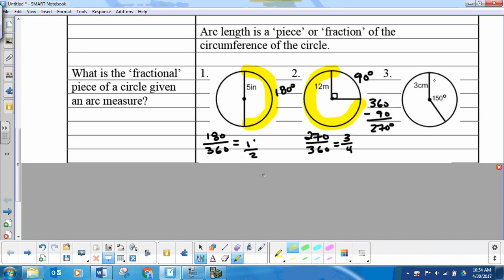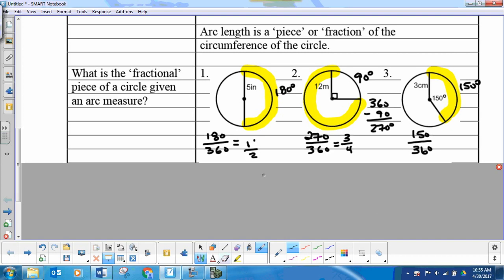Finally, I have this circle. I've got this piece that matters to me. They've given us a central angle of 150, so I know that the arc measure will be 150 as well. So the fraction of the circle that I care about, that I have highlighted, will be 150 divided by 360, or 150 of the whole thing, or of 360.